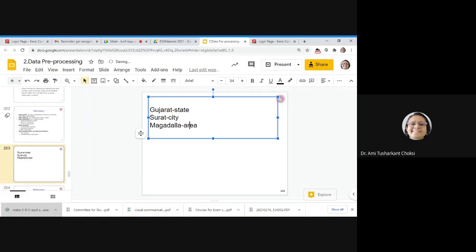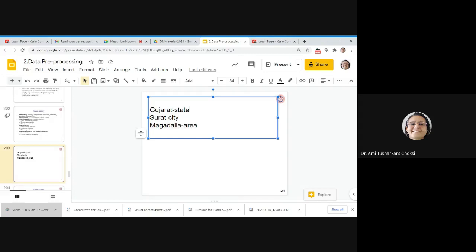Are you getting this? Now, this is the hierarchy which is given to us. What we do is, wherever we have the data, say an address which contains Magdalla, if Magdalla is replaced with Gujarat, we have replaced the lower level concept with the higher level concept, isn't it?